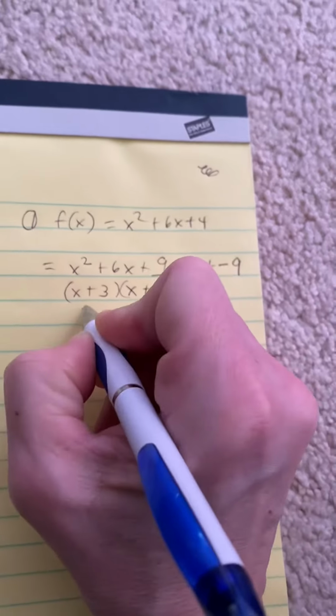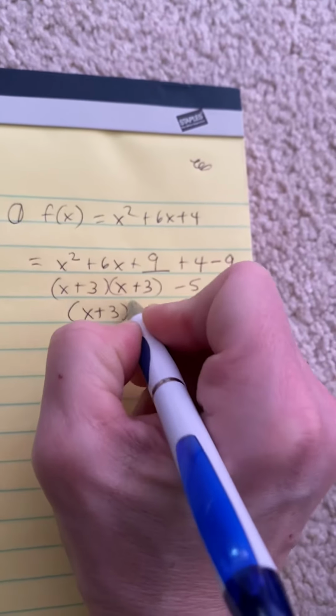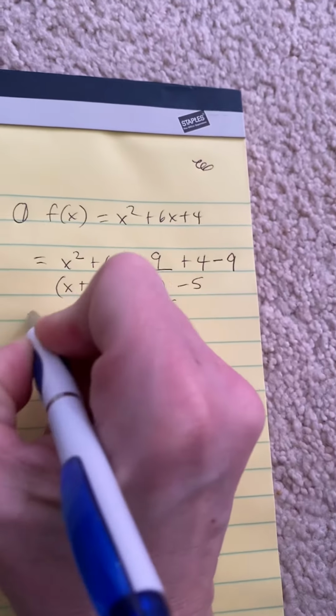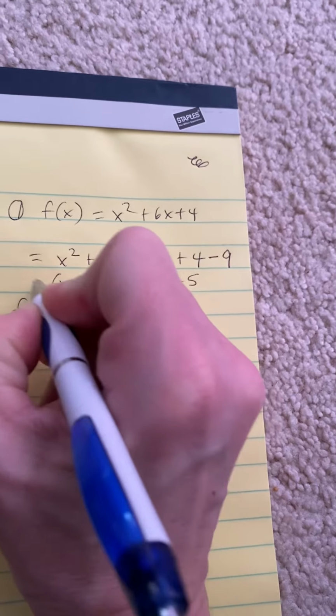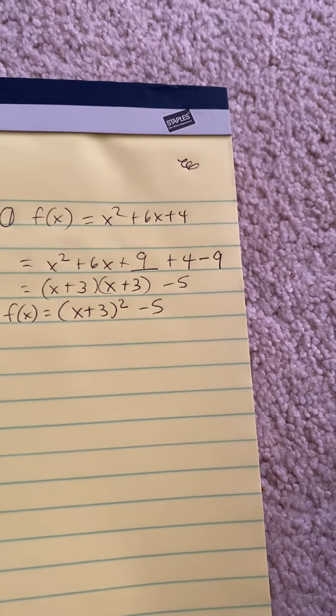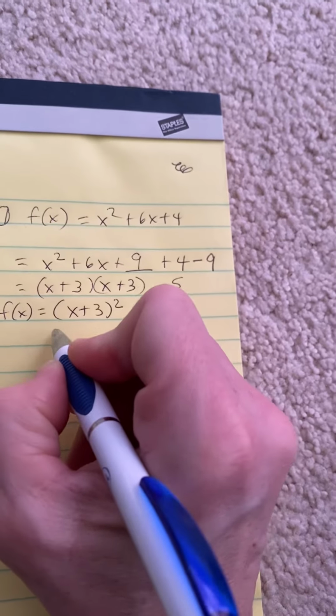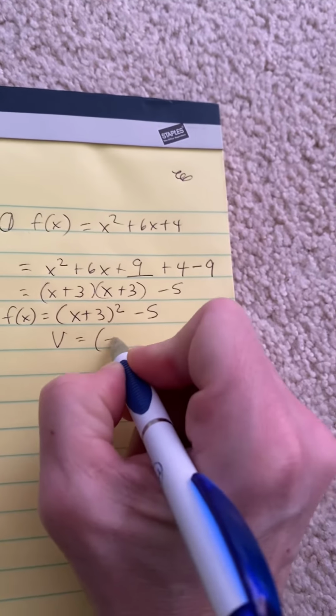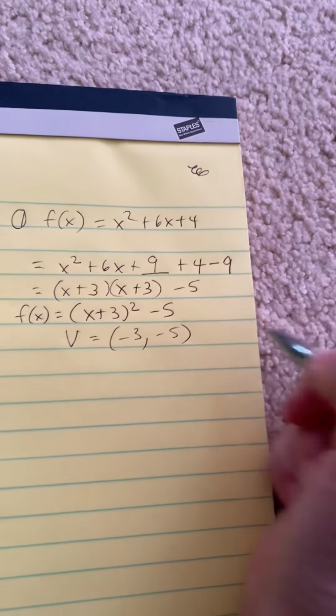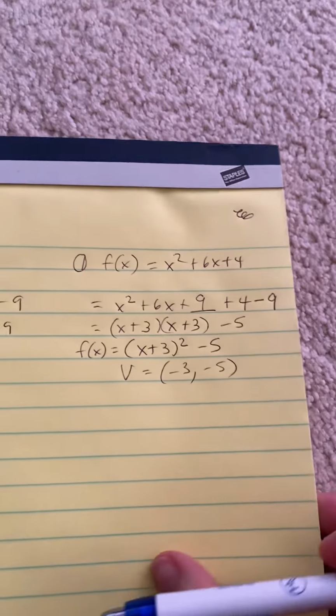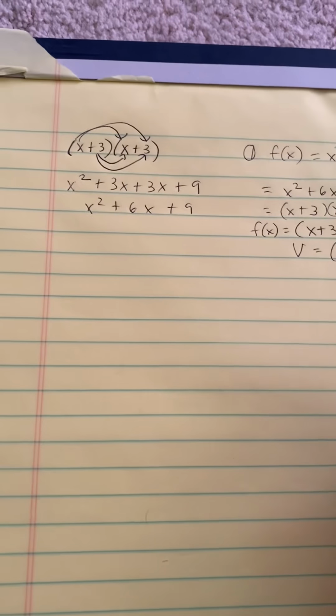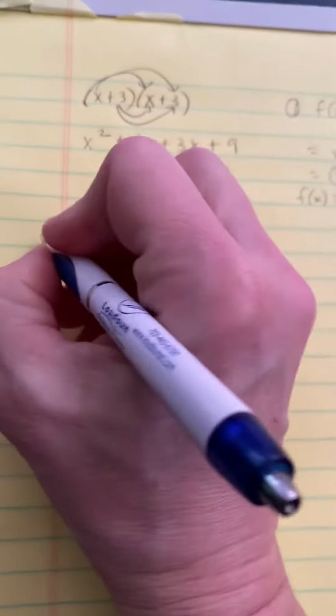So this becomes x plus 3 quantity squared minus 5. And then, of course, I'd write f of x equals. And the vertex would be at negative 3, negative 5.